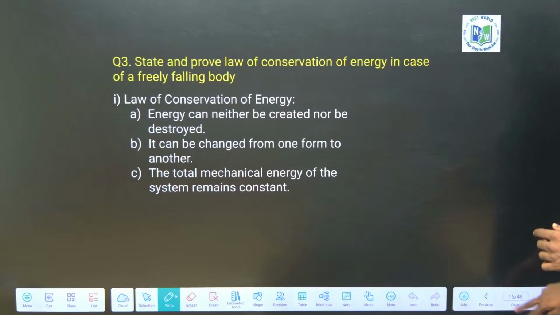Now we know that in an elastic collision, momentum and kinetic energy are conserved. Keep this in mind.